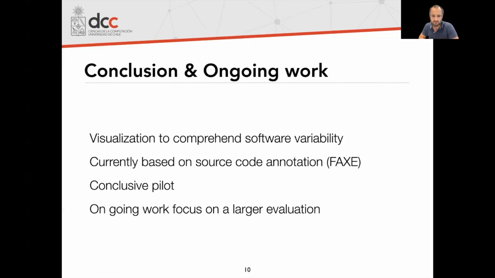So far we have done a pilot, and the pilot has been conclusive, which means that FeatureVista seems to be understandable and usable by at least one user. We are currently working on a larger evaluation, which means having an experimental study to understand the real impact of FeatureVista on larger comprehension tasks. Thank you very much.